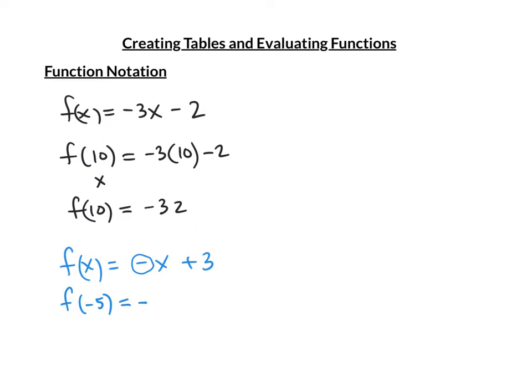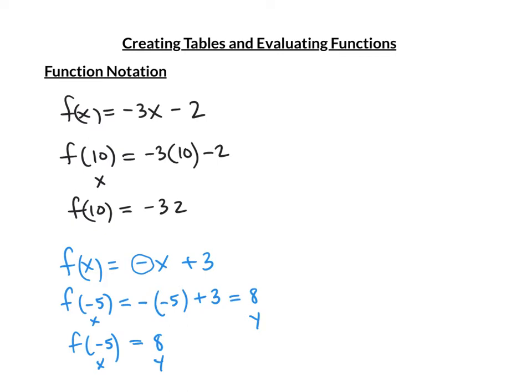It's the opposite of negative 5 plus 3. This was my x, and whatever I get out is going to be my y. Well, the opposite of negative 5 is 5, and 5 plus 3 is 8, and that 8 is my y. So f of negative 5 is equal to 8. The x I plugged in was negative 5. The y I got out was 8.